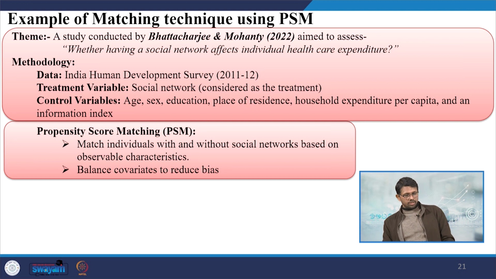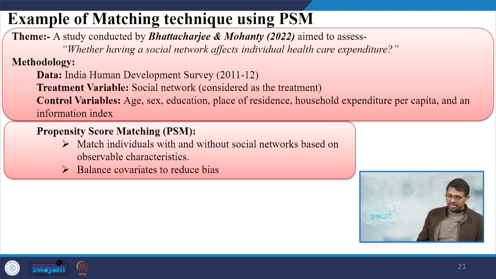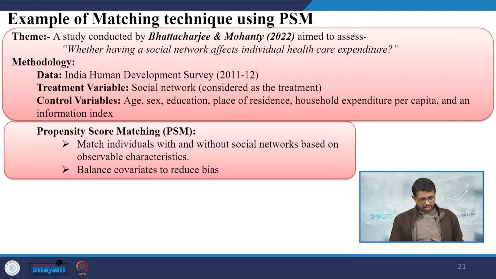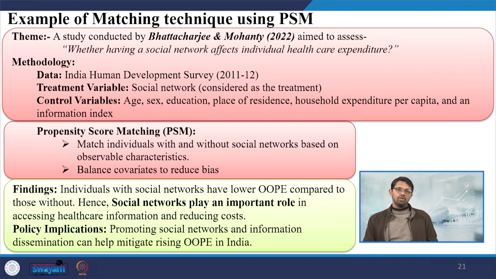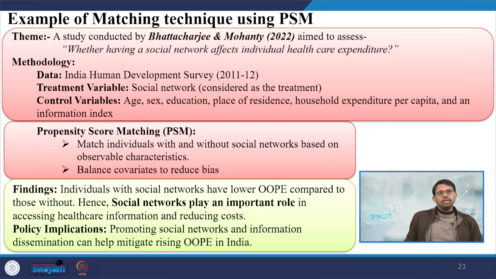We applied PSM in this paper, where we matched individuals with and without social networks based on observable characteristics. Balanced covariates were also taken to reduce the bias. The finding in this paper of ours is that individuals with social networks have lower out-of-pocket expenditure compared to those without.